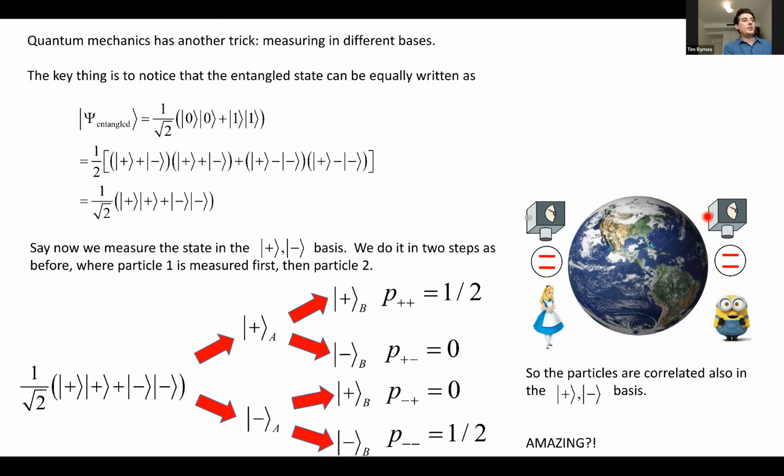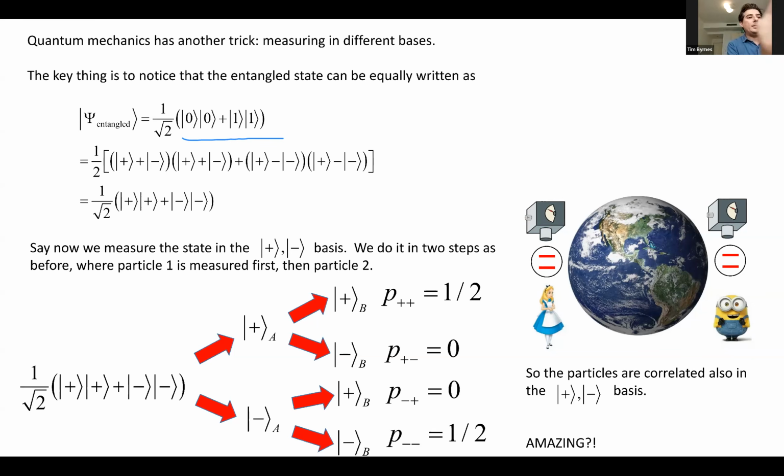and then we can go to measuring in the plus or minus basis. Now, a very interesting thing happens if you measure this particular state in the plus or minus basis. And you can just work this out in a couple of lines. Basically, you start with this state, and we're going to measure this time in the plus or minus basis.